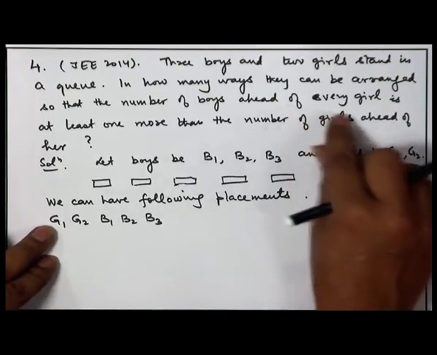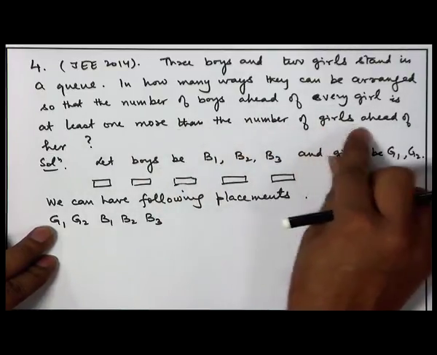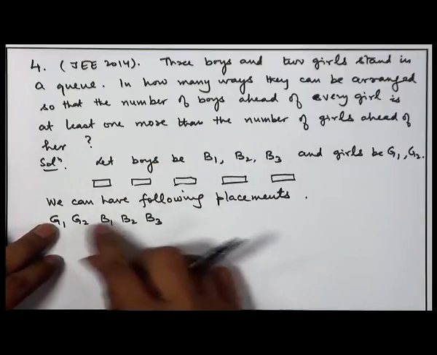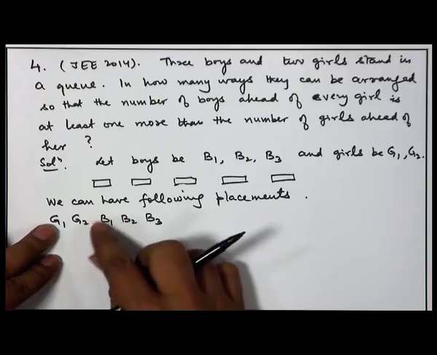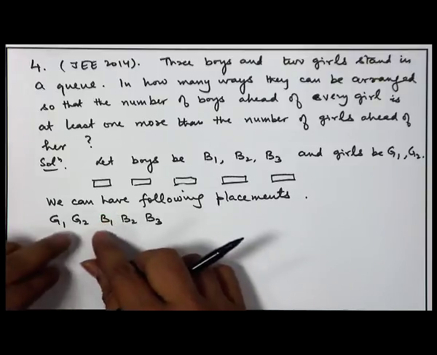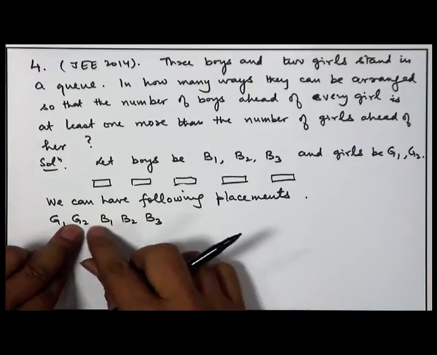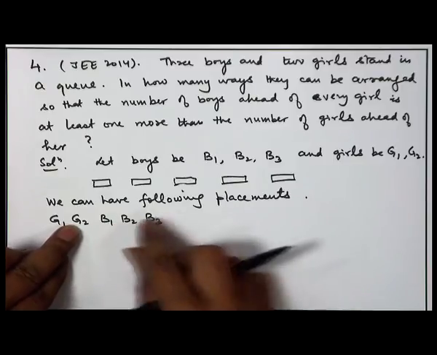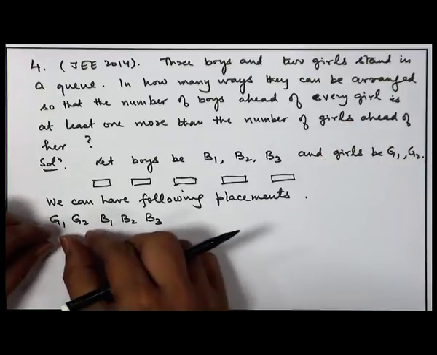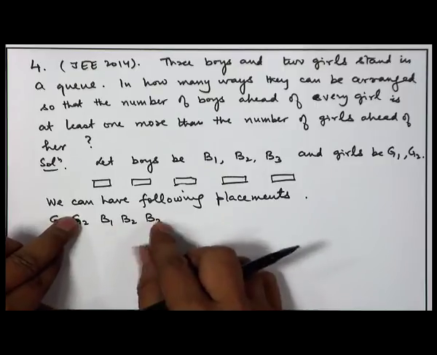The condition is that the number of boys ahead of every girl is at least 1 more than the number of girls ahead of her. So, 3 is at least 1 more than 1, because 3 is 2 more than 1. Similarly, ahead of G2 the number of girls is 0 and the number of boys is 3. So, again this condition is satisfied.